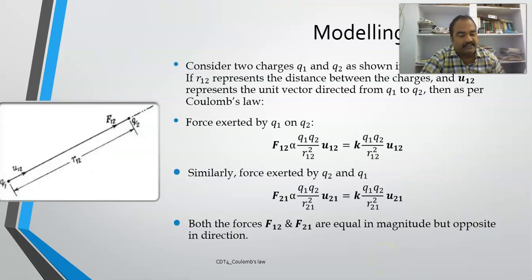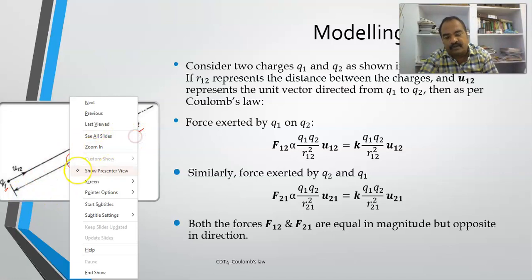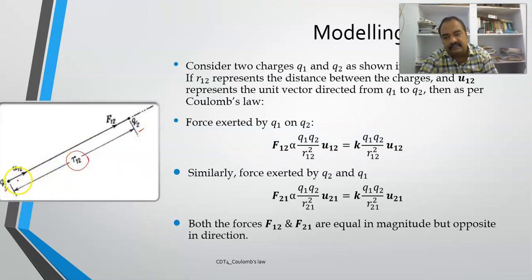Now, putting all these things together, let us suppose there is a charge Q1 here and there is a charge Q2, and these are separated by the distance R12, which is the distance between charges 1 and 2. The force is along the line which joins Q1 and Q2. As mentioned earlier, F is proportional to Q1 Q2 by the square of the distance between them, here R12 square.